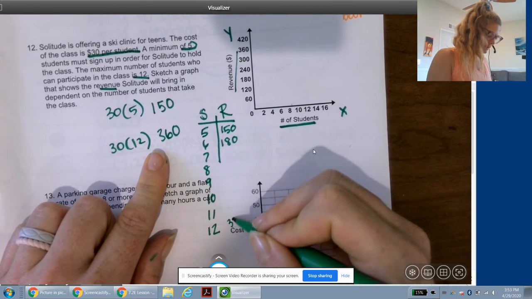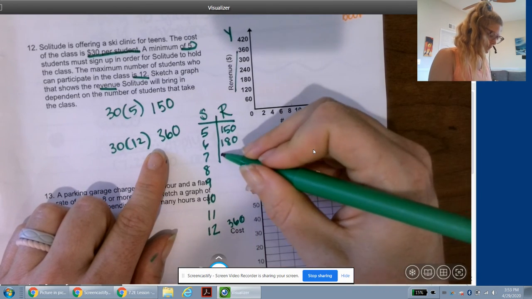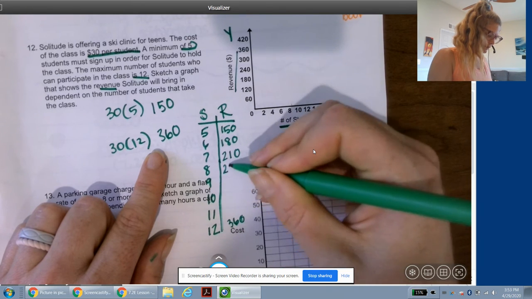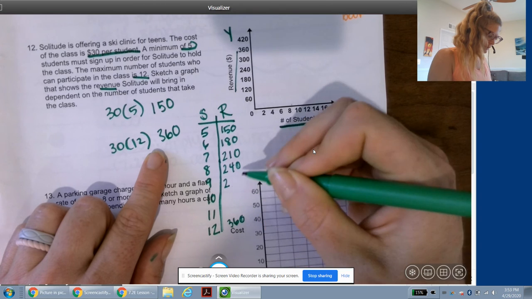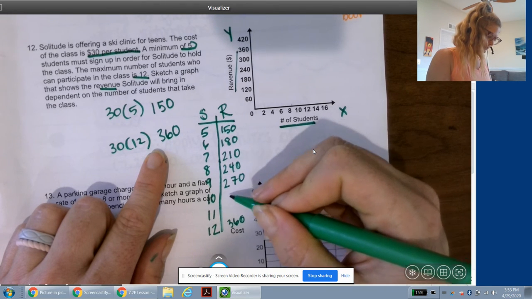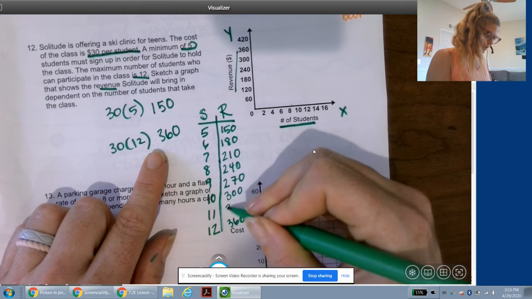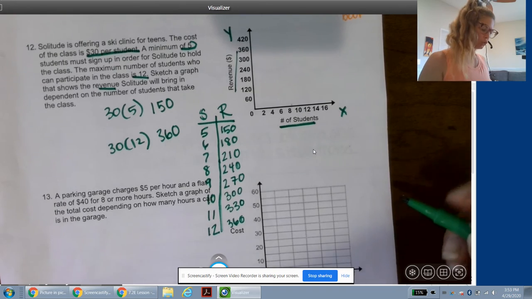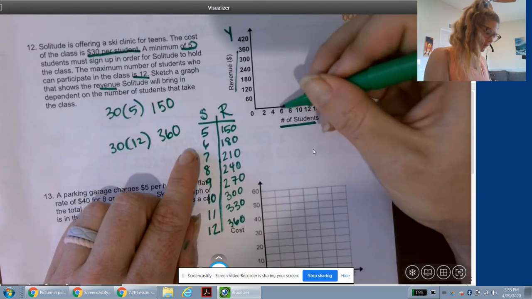We know that this is 360, 210, 240, 270, 300, 330, 360.